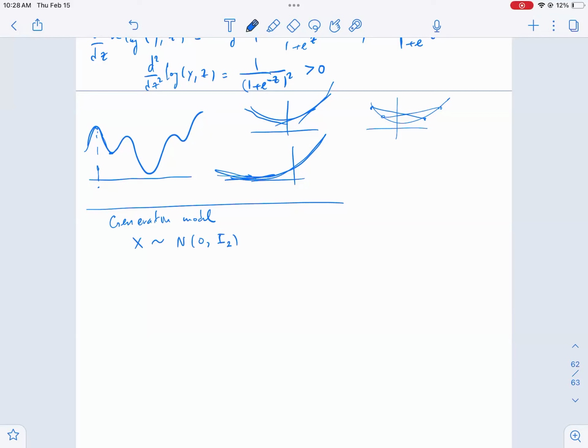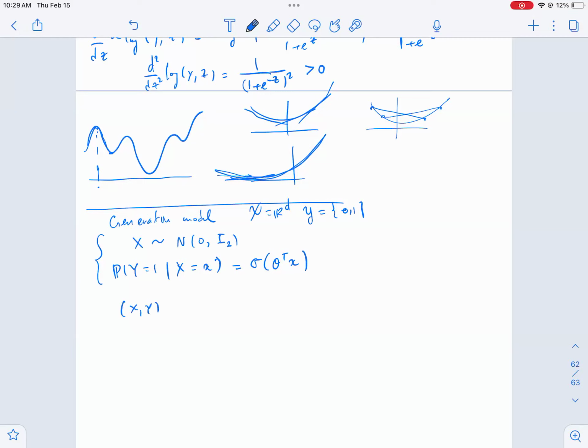Let's say X is in R^d and Y is in {0, 1}. I can generate the standard normal random vector and then say P of Y equals 1, given X, is sigma of theta transpose X. So that defines a full joint distribution on X and Y.